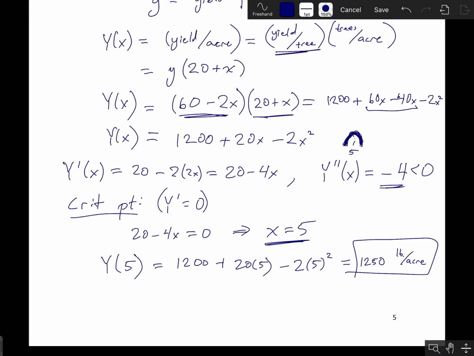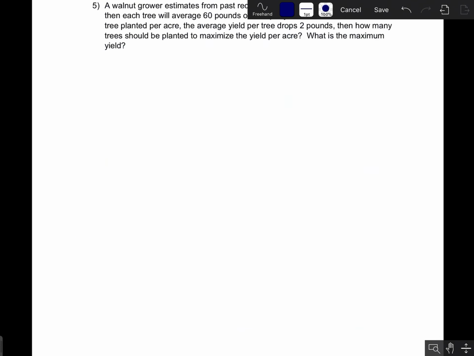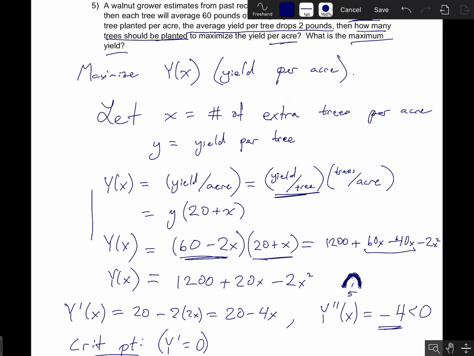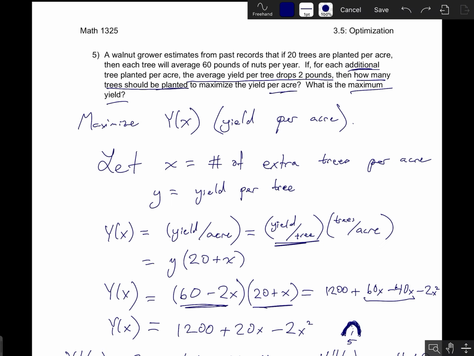And then lastly, the other question was, how many trees per acre should you plant? And this one is just a little bit tricky. Remember that x was the number of extra trees over 20.